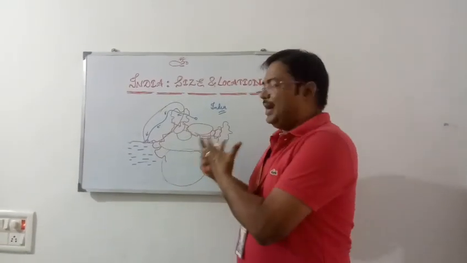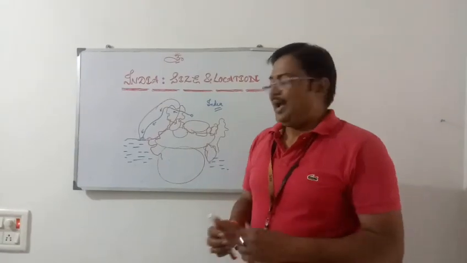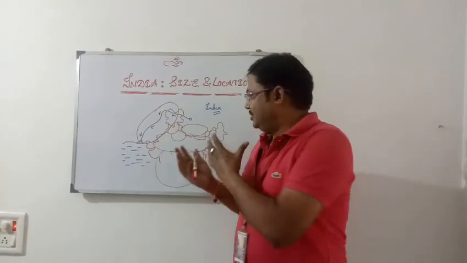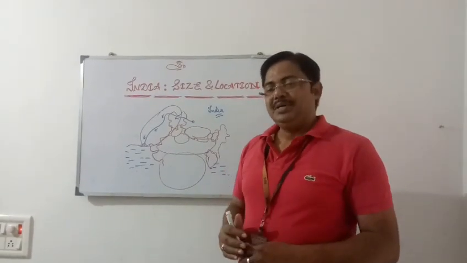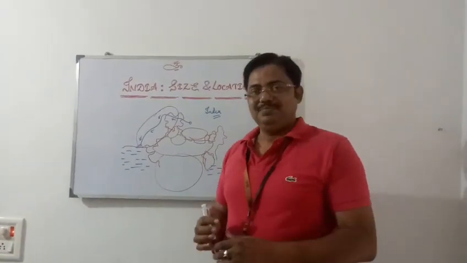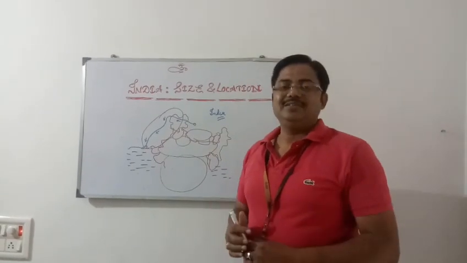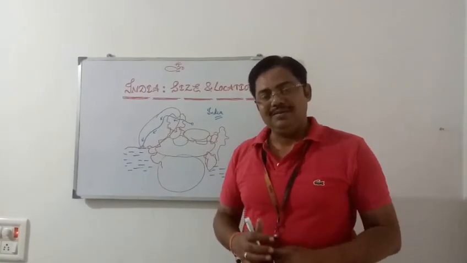This time that Jambu Dweep is called Asia, and Aryavart is called India. So one by one its name came into existence, and we have studied all this.